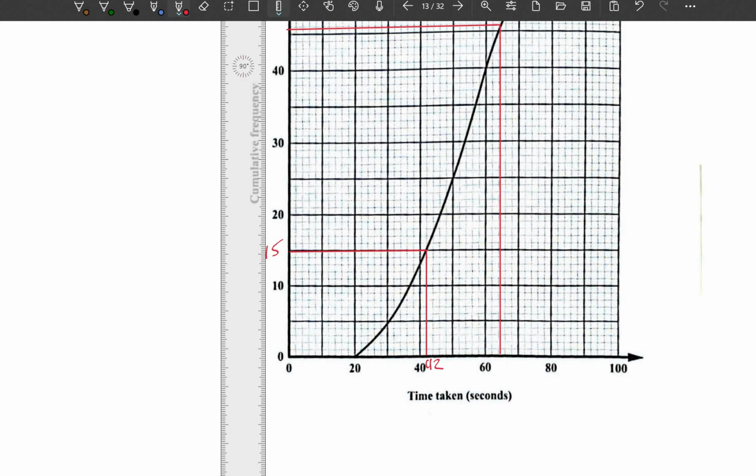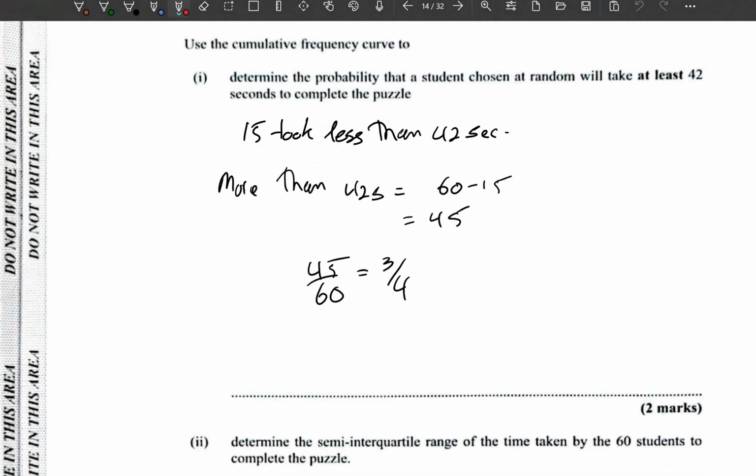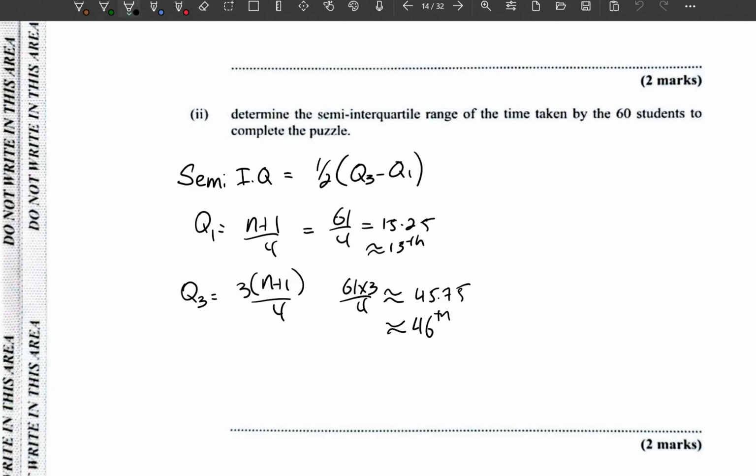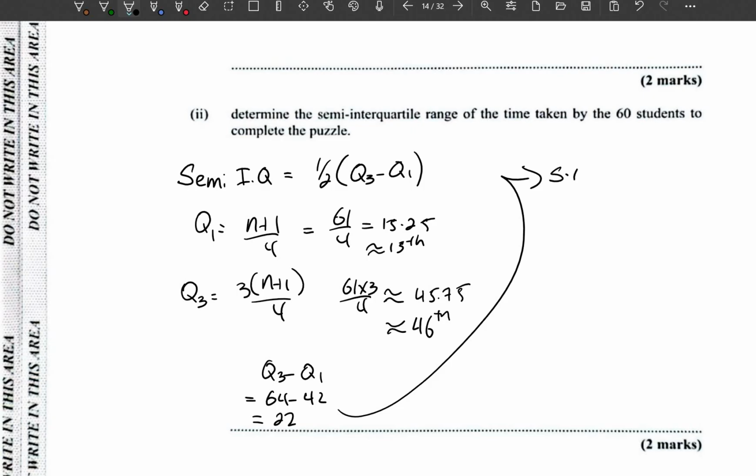So each of these marks here are 2, so this would be around 64. Right, so we have 64 and 42. Let's fill that into the equation. Right, so Q3 minus Q1 would be 64 minus 42. That's going to be 22. Right, so then the semi-interquartile range would be one half of 22. That's going to be 11.